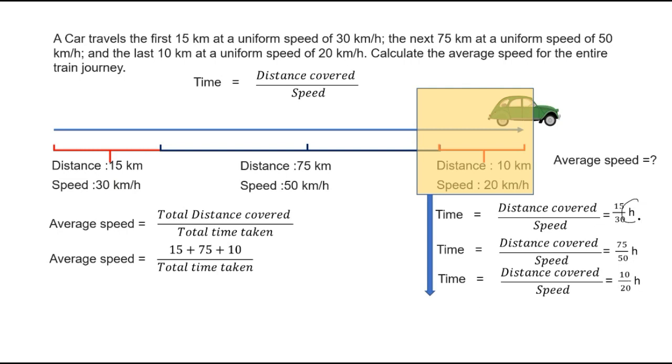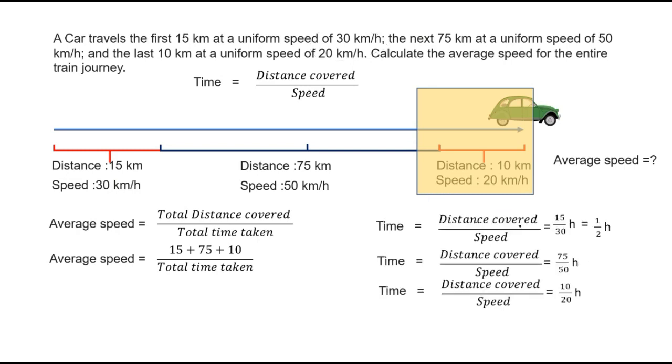Please remember that I am expressing this in hours because we are given the speed in kilometers per hour, right? Now we have to find the total time. And how to find the total time? You have to add all these together.